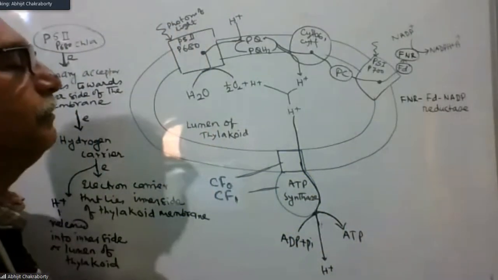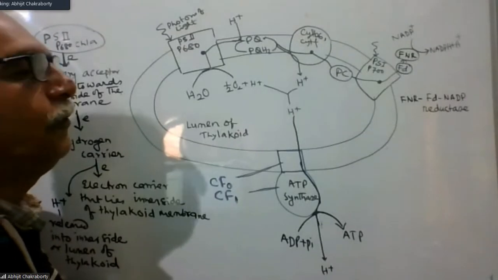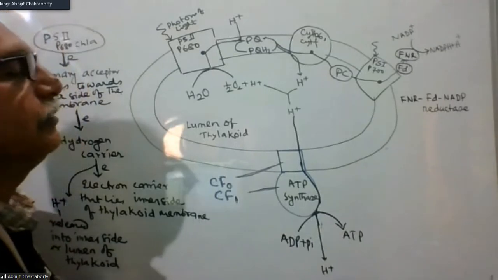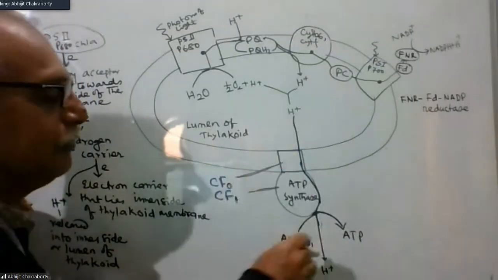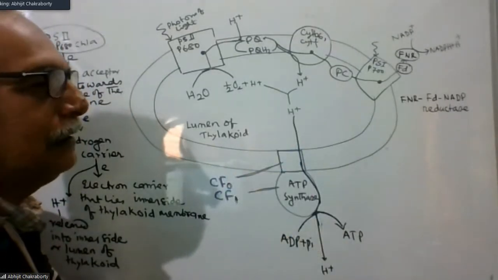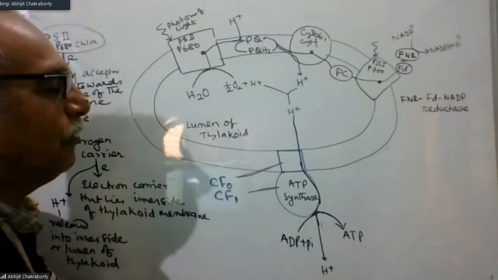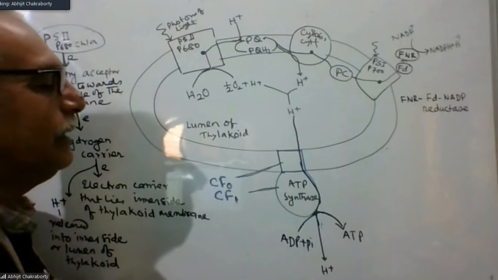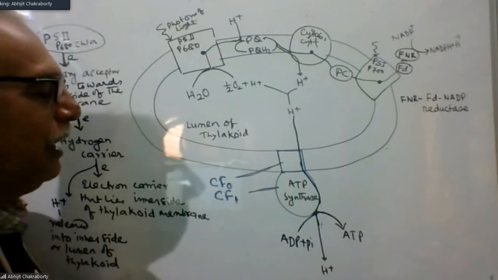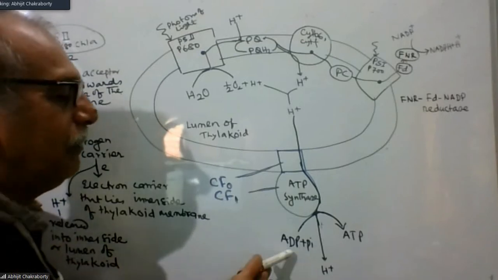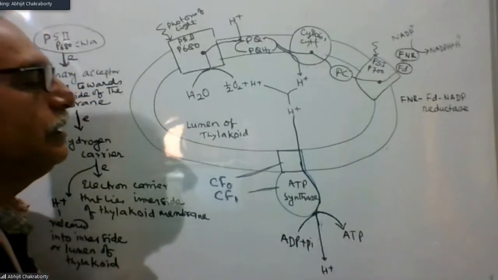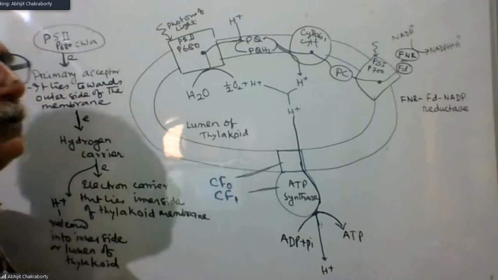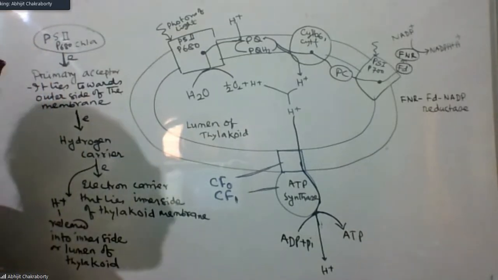Whenever the flow of protons starts from the lumen of the thylakoid to the stroma, the gradient is broken down, so that the energy produced is responsible for the conformational change of the ATP synthase, required to activate the ATP synthase enzyme to help in the conversion of ADP and Pi to ATP. This is how ATP synthesis takes place according to the chemiosmotic hypothesis as proposed by Peter Mitchell.